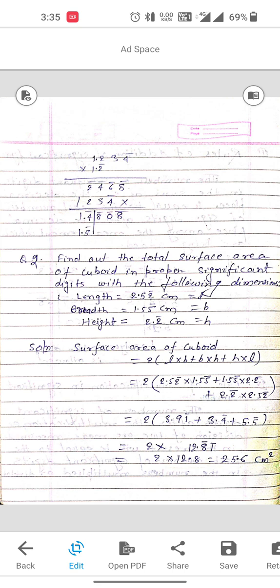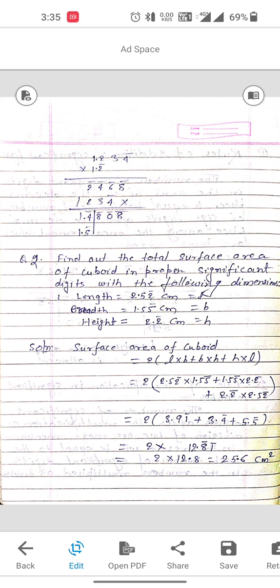Find out the total surface area of a cuboid in proper significant digits with the following dimensions. Length equals 2.52 centimeter, breadth equals 1.55 centimeter, height equals 2.2 centimeter. Surface area equals 2 into (LB plus BH plus LH).